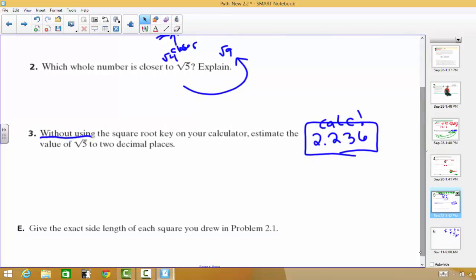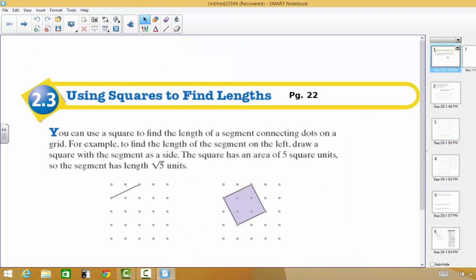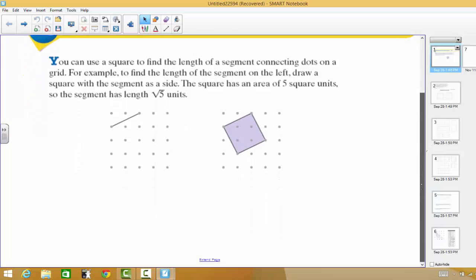So now you're going to flip that page over again. And we're going to draw more side lengths. We're going to draw all the side lengths that can fit in a 5 dot by 5 dot. So they don't need to be a square now, they just need to fit.